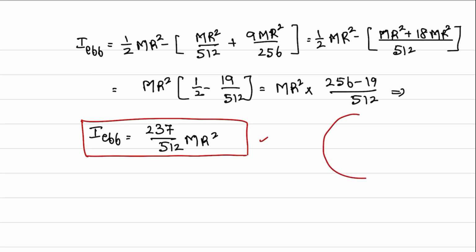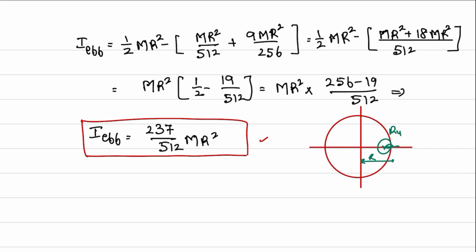That means if in a circle of radius R, a portion of radius R by 4 is removed, then this is the answer for the effective moment of inertia. I took a little time because I wanted to explain the theory when an original body is cut.